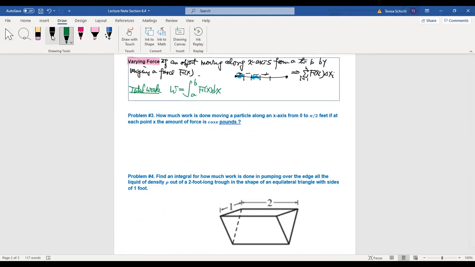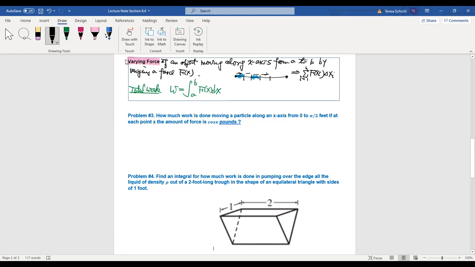Okay, now let's take a look at example number 3. How much work is done moving a particle along the x-axis from 0 to pi over 2 feet, if at each point x, the force is cosine x pounds? So that means my force depends on where I am on the axis, right?